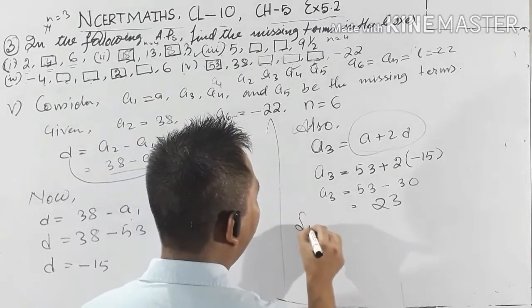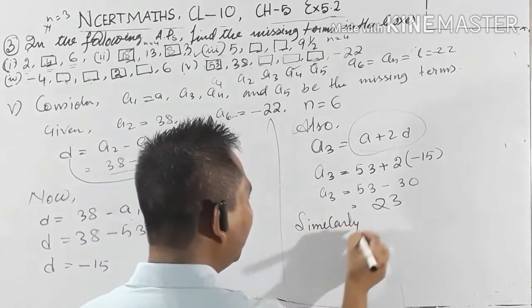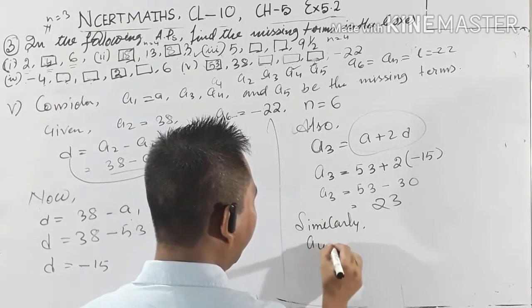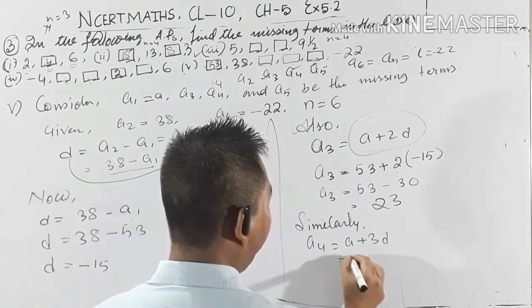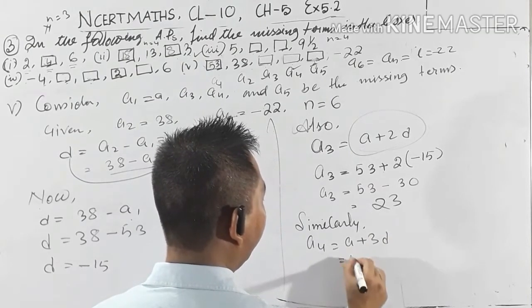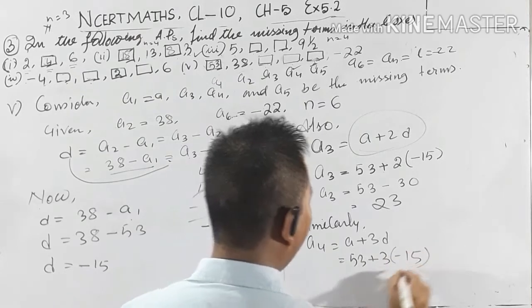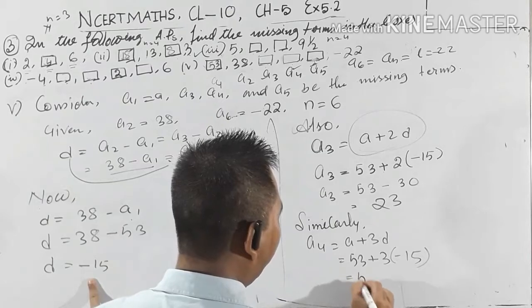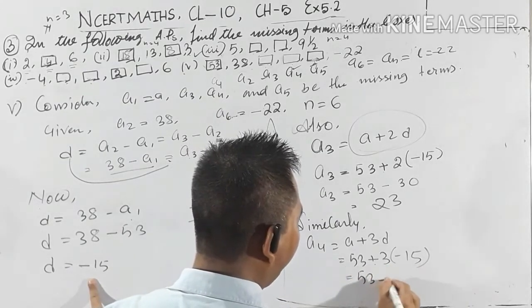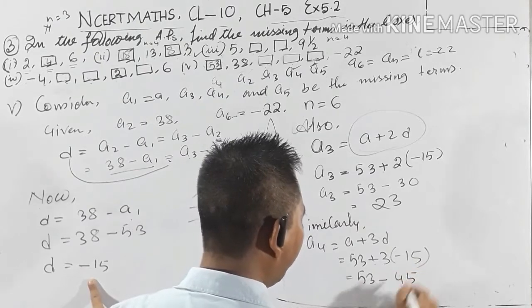Similarly, a4 is given by a plus 3d, right? First term is 53 plus 3 times minus 15. Why minus 15? d equals minus 15, right? So it will be 53 plus 3 times minus 15, that is minus 45.